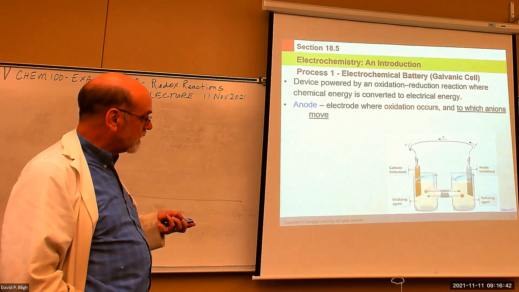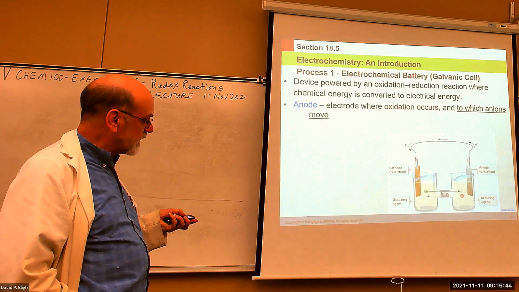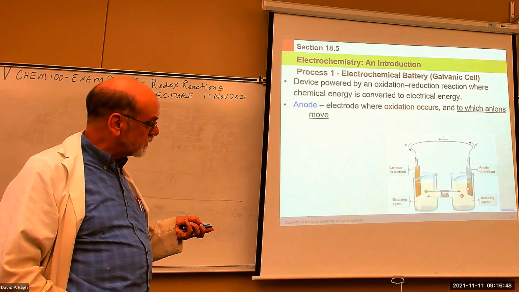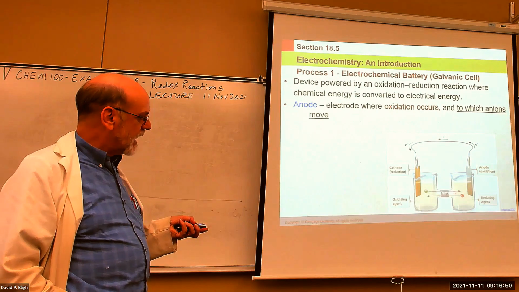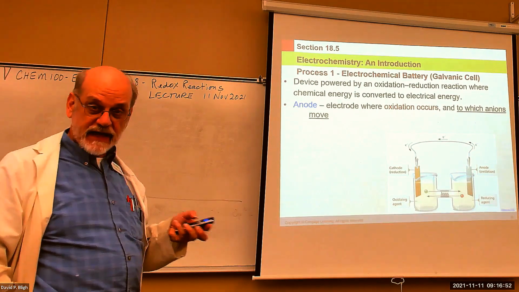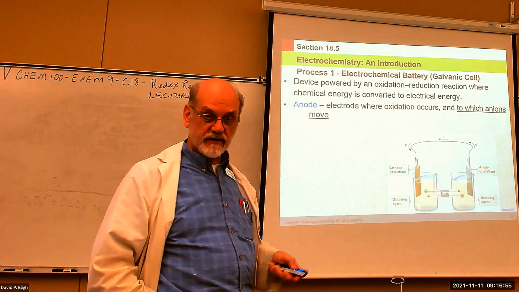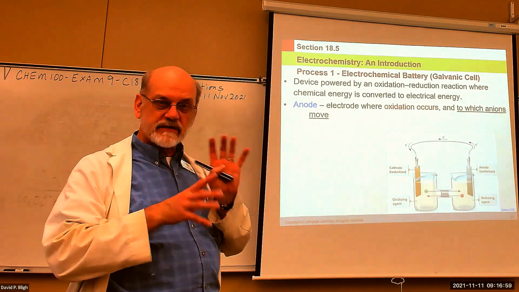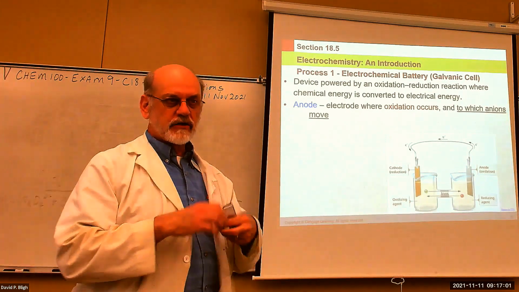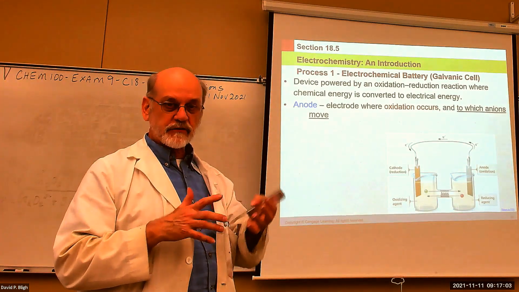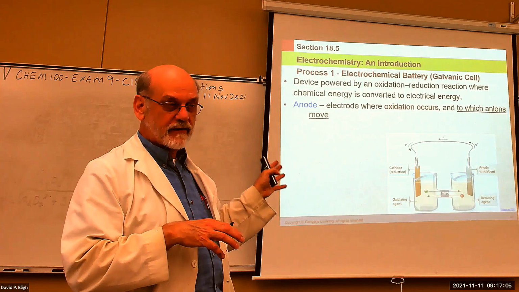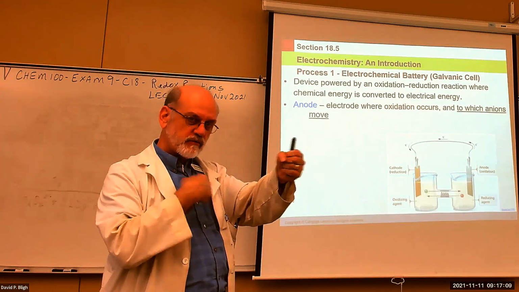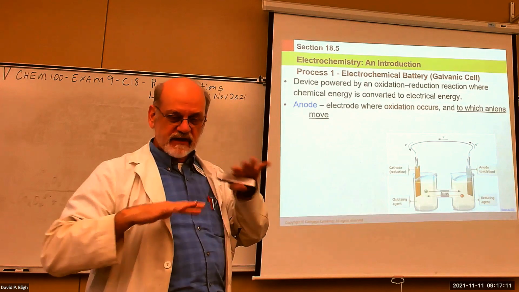If you're increasing the negative charge on this side, then those negative ions have to move this way, and some of the positive ions also have to move this way. Everything is a balance. You don't have any built up electrostatic charge in this process. So whatever is required, negatives move this way, positives move the other way, just to keep things balanced.